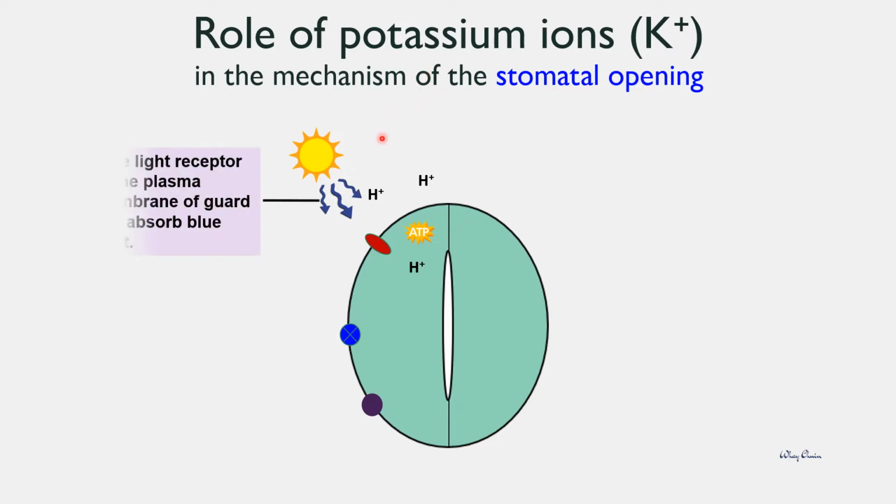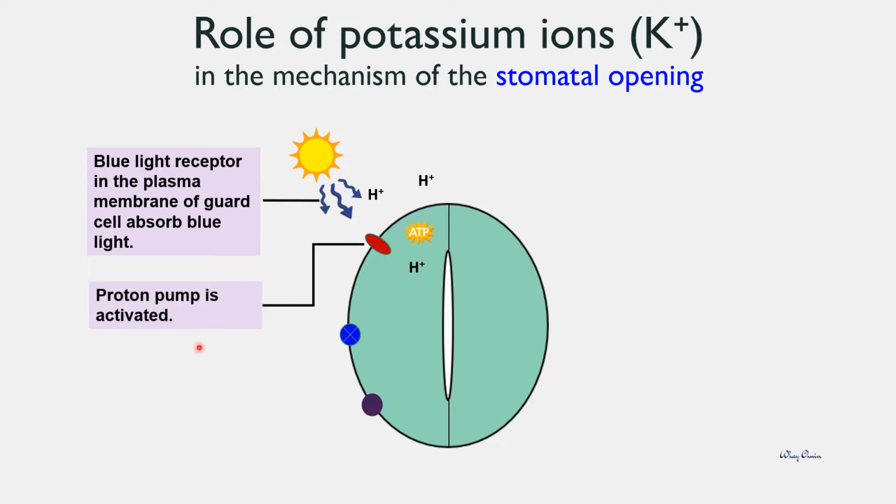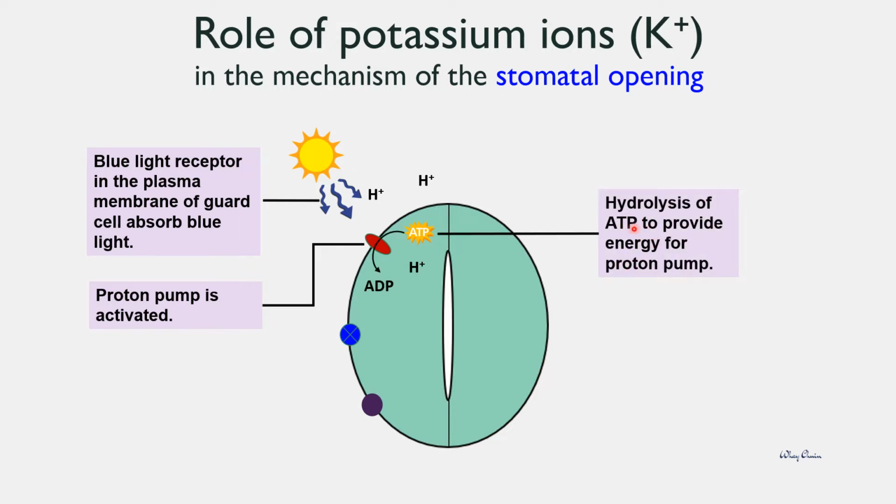During daytime, the blue light receptor that can be found at the plasma membrane of each guard cell can absorb the blue light from the sunlight energy, and this enables the activation of the proton pump, where one ATP molecule is hydrolyzed to become ADP and release the energy to activate the proton pump.